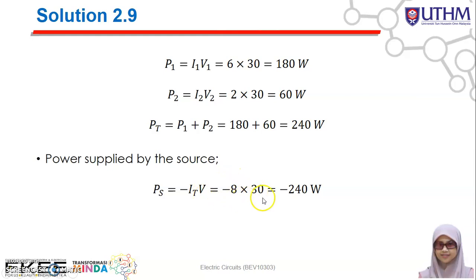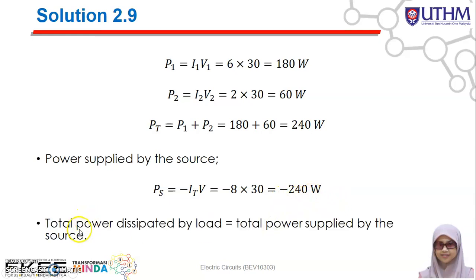Negative 8 multiplied with 30 is equal to negative 240 watt. So finally, the total power dissipated by the load is equal to the total power supplied by the source. Here you have 240 watt, and here also you have 240 watt. The negative sign means that the power is being supplied. The positive sign means that the power is being absorbed.